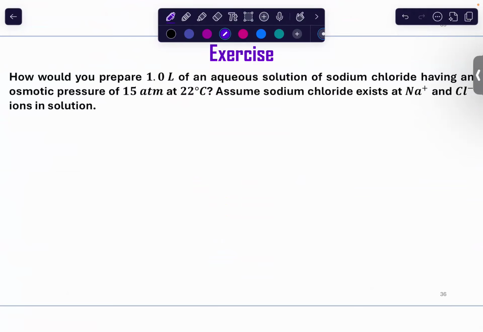Assume sodium chloride exists as sodium and chloride ions in solution. So the question becomes, we want to know the mass of sodium chloride that needs to be mixed into the solution. So we can figure out the concentration of the solution.